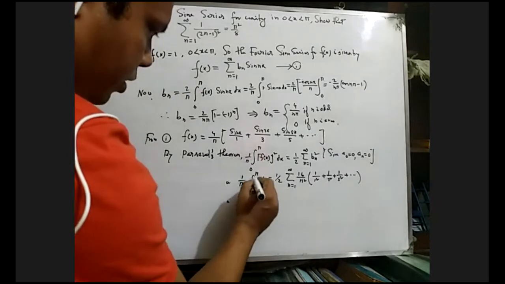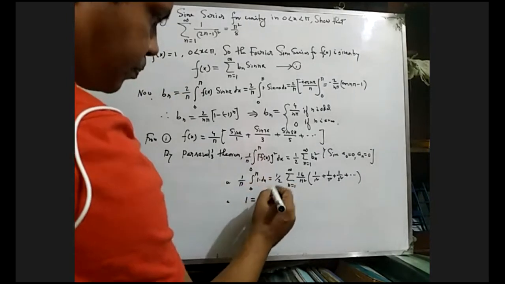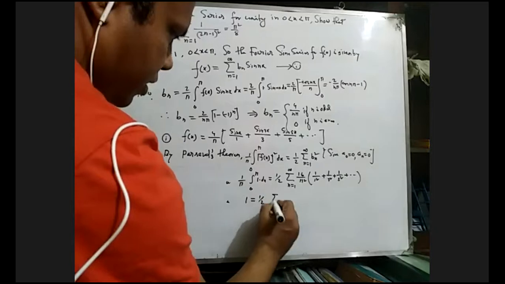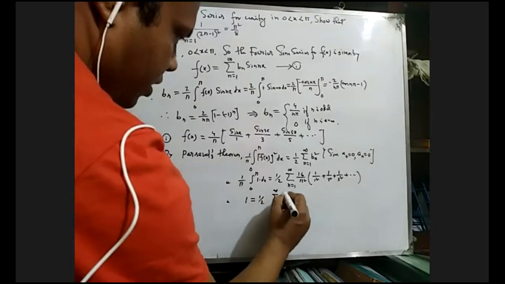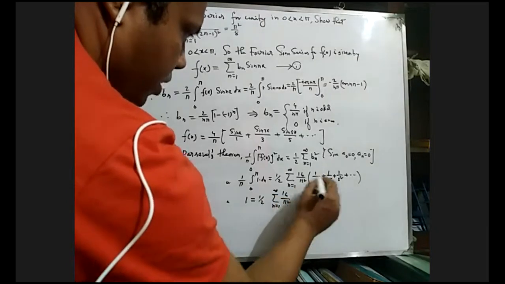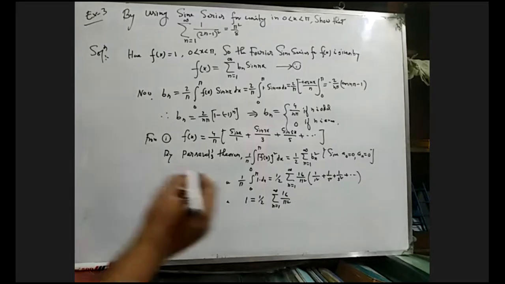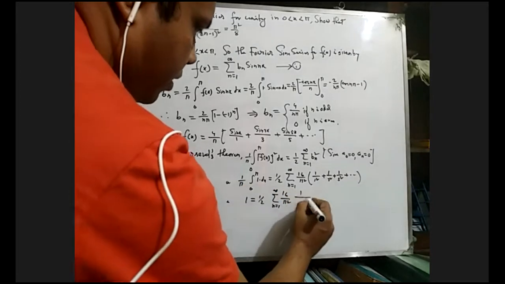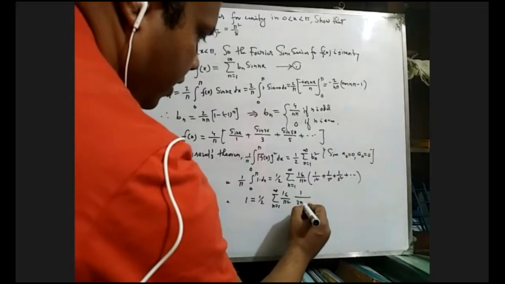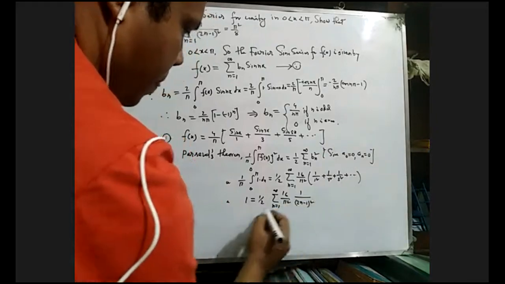Actually this integration will be, you get only one. Summation n equals to 1 to infinity 16 by pi square. This is actually the odd number series, that means 1 by twice n minus 1 whole square.